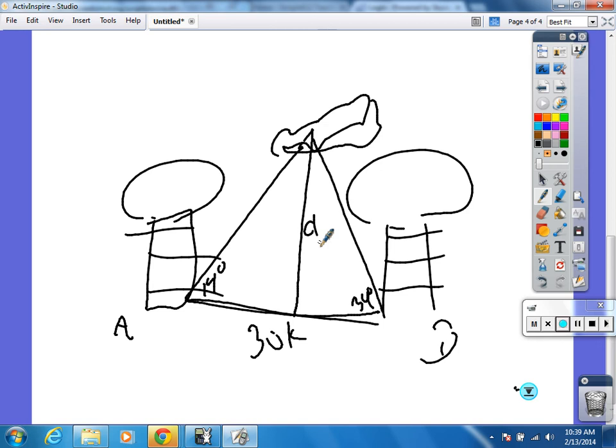Now did I form two right triangles? Yes, I did. The only problem is I don't know how far the fire is from this guy westerly, and how far it is from this way. So I have to call one of these X. Does it matter which one? I'm going to call him X. I'm going to even highlight him in red.